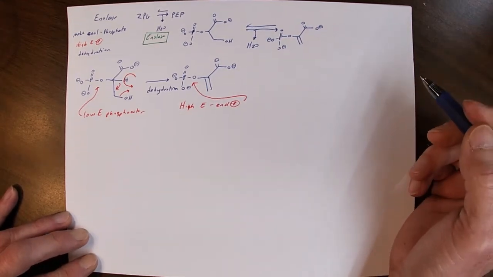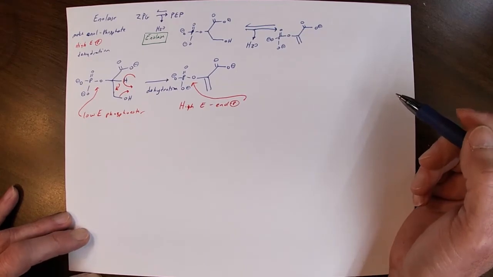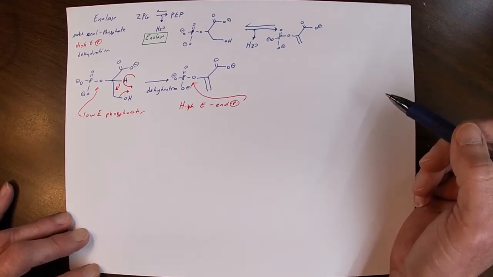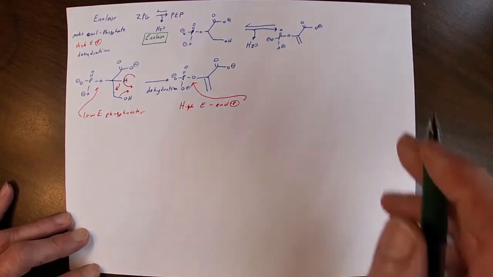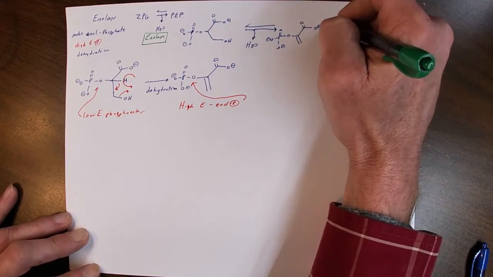This is an opportunity to talk about how mechanisms are elucidated. Enolase is inhibited by fluoride.